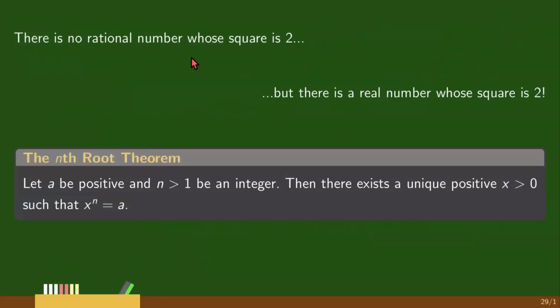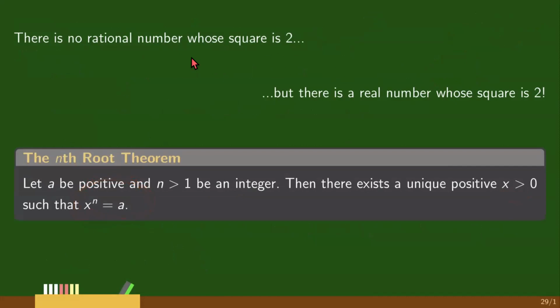Ipapakita natin next time, before we start the next lesson, that if a is positive and n is an integer greater than 1, ipoprove natin that there is a unique positive x such that x to the n is equal to a. Wala akong sinasabi kung si x ay rational, ang sinasabi ko may unique positive real number x for which x to the n is equal to a.